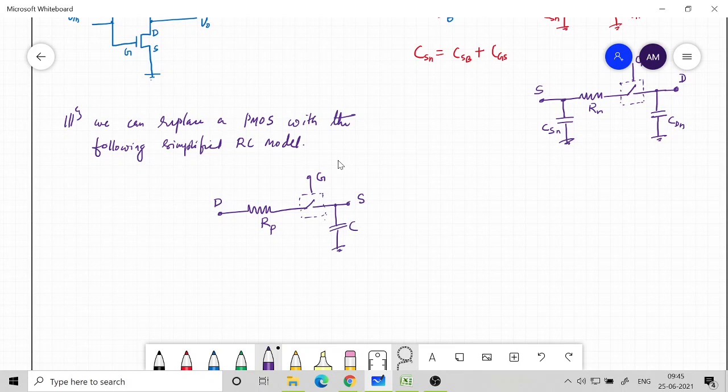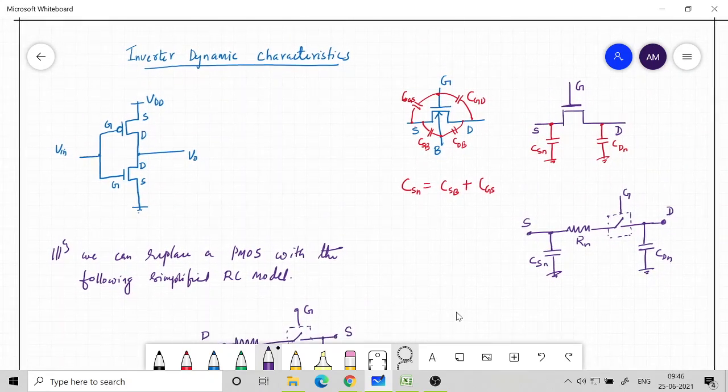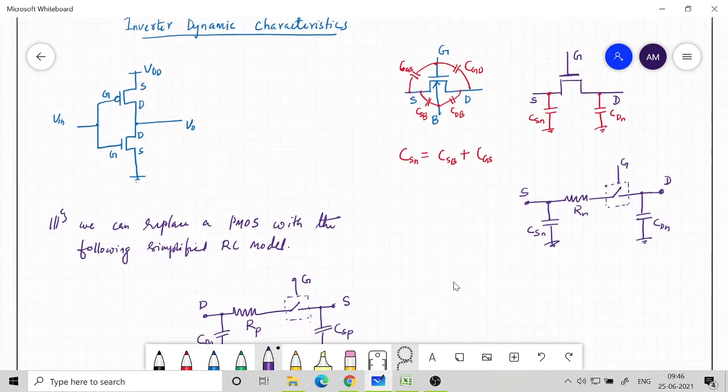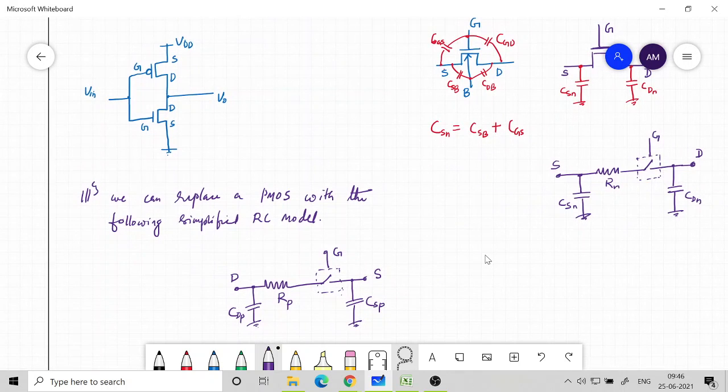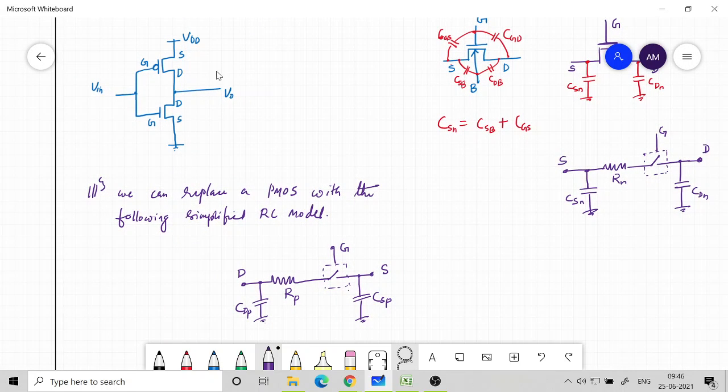This is called CSP and this is called CDP. Okay. So I have now the models for NMOS and PMOS, which I would like to now put into this inverter circuit.